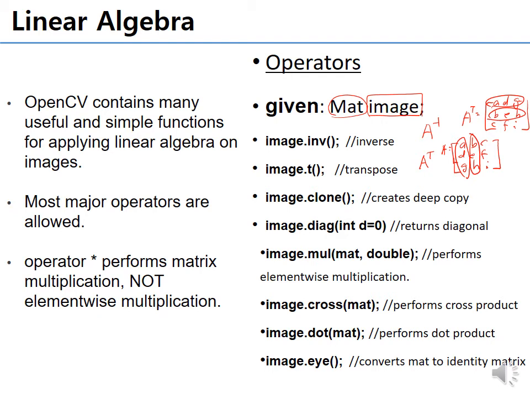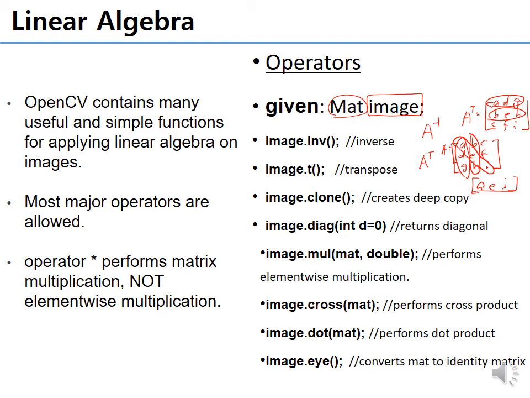Image.clone creates a deep copy of this image, so they create a clone matrix. Image.diag returns the diagonal. In this matrix, the diagonal is A, E, I. This vector is a diagonal vector.